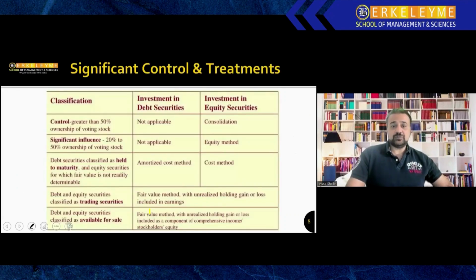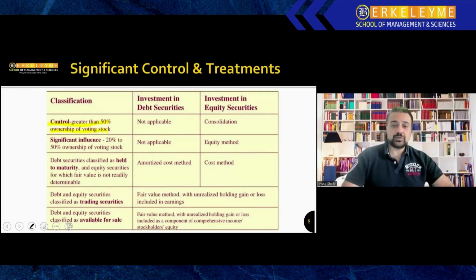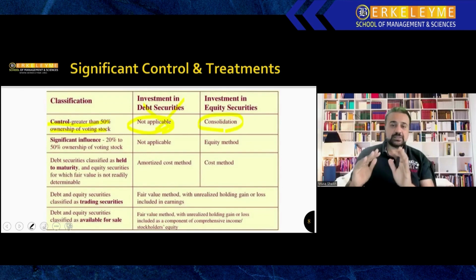Harry made a table for you, and it is very likely that if you memorize this, it will be easy for you. So control is greater than 50% ownership of voting stock. For debt investment securities, it is not applicable. But if you have more than 50% of the shares of a company, you need to consolidate and compile it in your group financial statements.